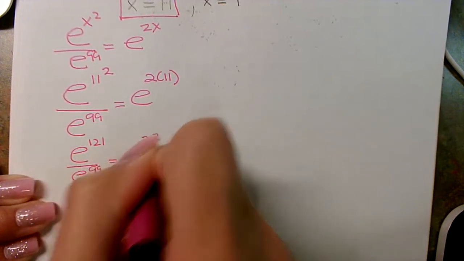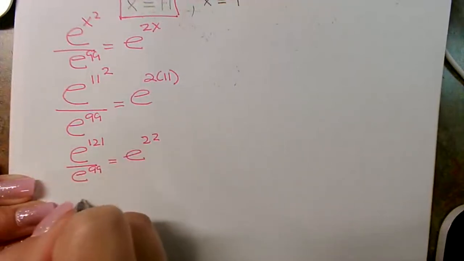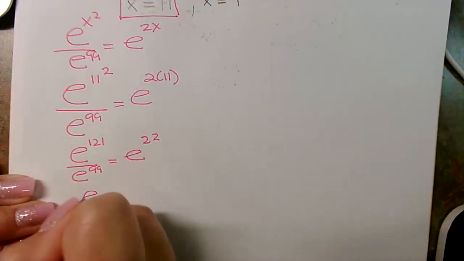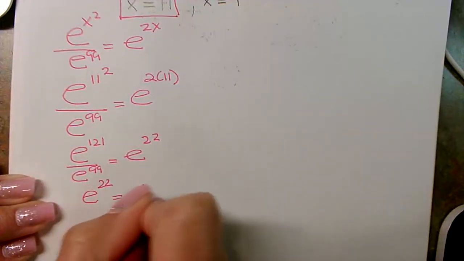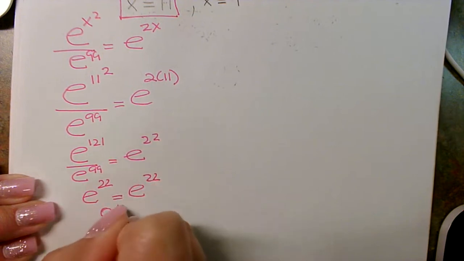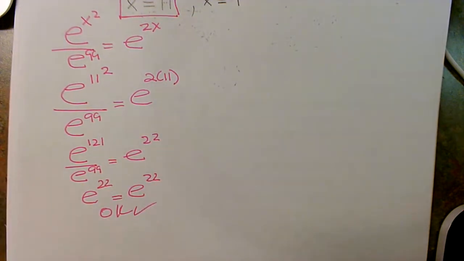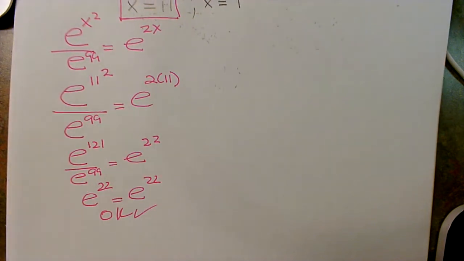And e to the 22. So let's subtract these two. I get the same one, e to the 22 and e to the 22. So that's fine.